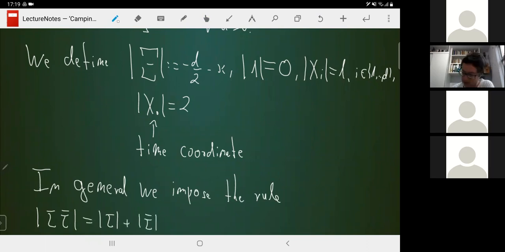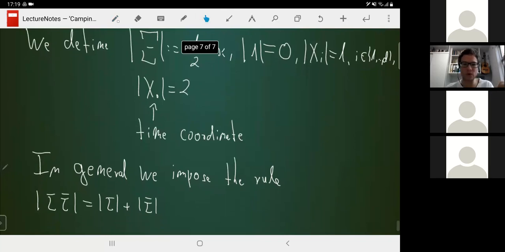Which, if you think about it, makes sense. For instance, x squared is x times x, so what is the order? It's 2, so it's 1 plus 1. This also tells you that you can think of the order as being like the regularity, but it's not quite the same, because if you multiply a function that is 2 times differentiable with one that is 3 times differentiable, the product will generally not be 5 times differentiable.